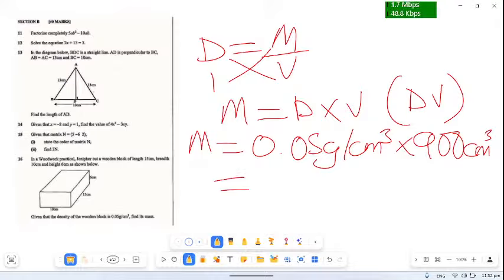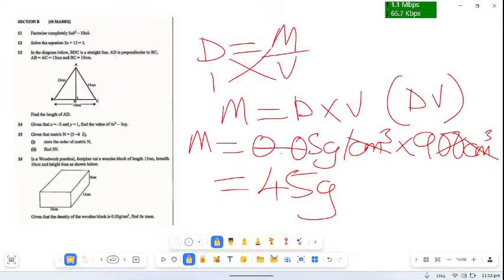Okay, so now we need to find the mass. So we say equal to. These 2 zeros will be used to get rid of these 2 zeros, so that we make 5 a whole number. So we just have 5 times 9 will give us 45 grams. Then this centimeter cubic and this centimeter cubic will be cancelled out.